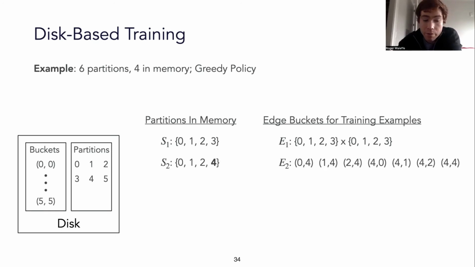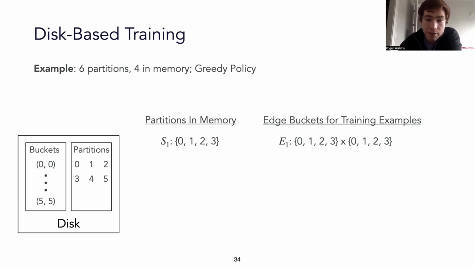Then once we're done with the mixed CPU-GPU mini batch training using these edges as the training examples, we can replace one of the node partitions in memory with one currently on disk. And then we can resume mini batch training using all the new edges in memory to create new mini batches. In this case, these are the edges contained in the 7 edge buckets shown in E2.